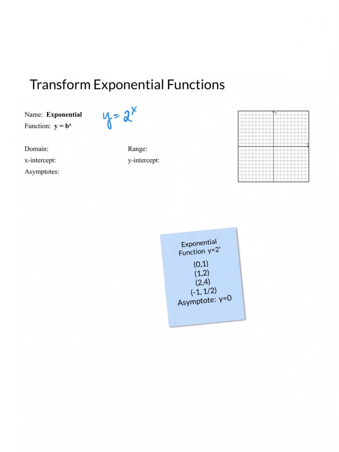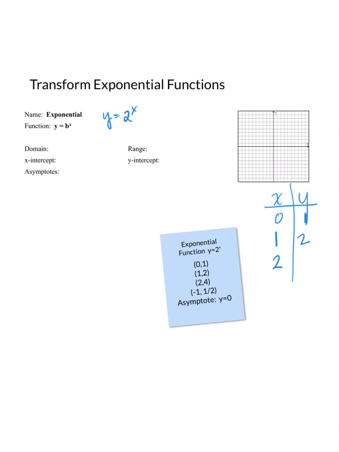Now you did do these back in Algebra 1 days, but I want to remind you what those points look like. So if we do an xy table, if x is 0, if we put a 0 in for x, anything to the 0 power, if you remember, is just a 1. If you put a 1 in here, 2 to the first power is a 2.